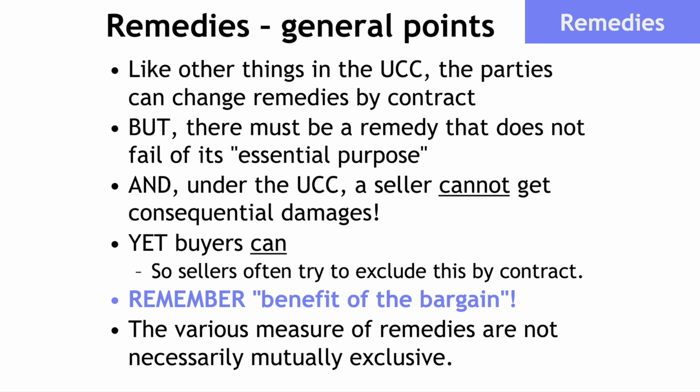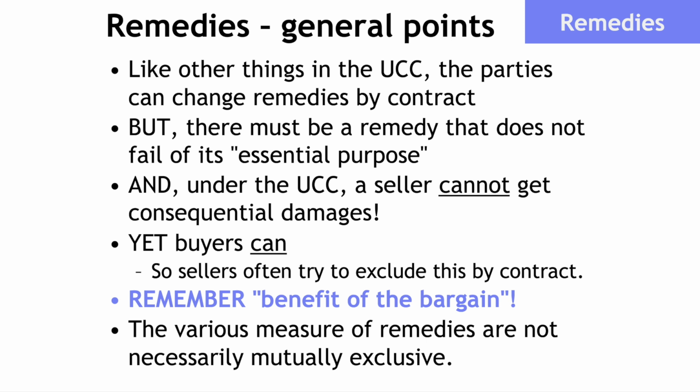Also, a limit that the UCC puts around this is that sellers cannot get consequential damages, but buyers can. In contracts for the sale of goods, sellers often try to exclude consequential damages by contract. A lot of times when you buy things, there's a bunch of fine print, and one of the things in there says no consequential damages, because otherwise the sky's the limit.